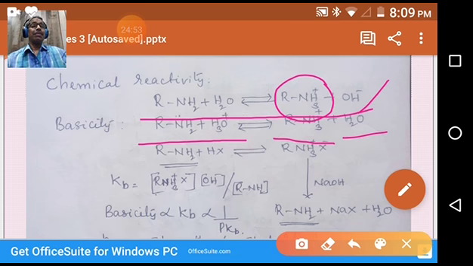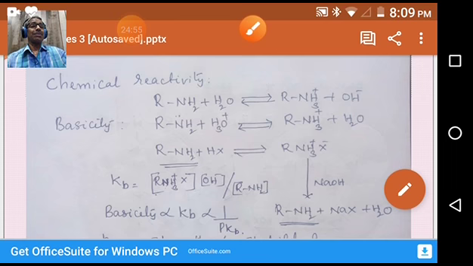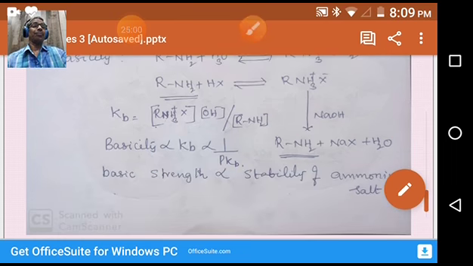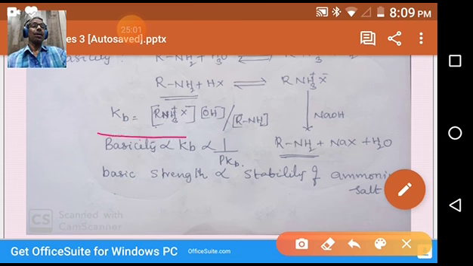This basicity is expressed in terms of Kb and pKb. We can write the Kb equation: RNH3 plus X minus concentration and OH minus concentration divided by RNH2 concentration. We need not write the water concentration, as it is very high compared to this. Generally, we express the basic nature in Kb values.